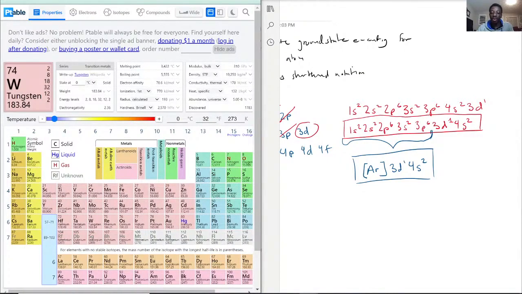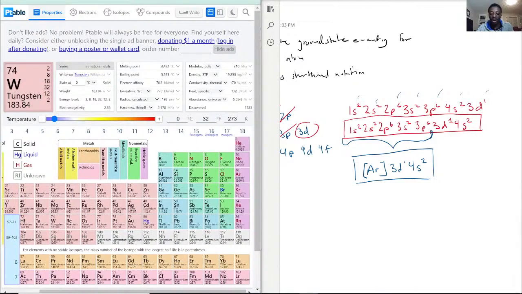You'll notice that if we counted every superscript, we would end up with 21, because that's the 21st element. So we have 1s2, right? 2 plus 2 plus 6, that's 10, then 12, then 18, 19, 20, 21. Thus confirmed, this is indeed our 21st element.